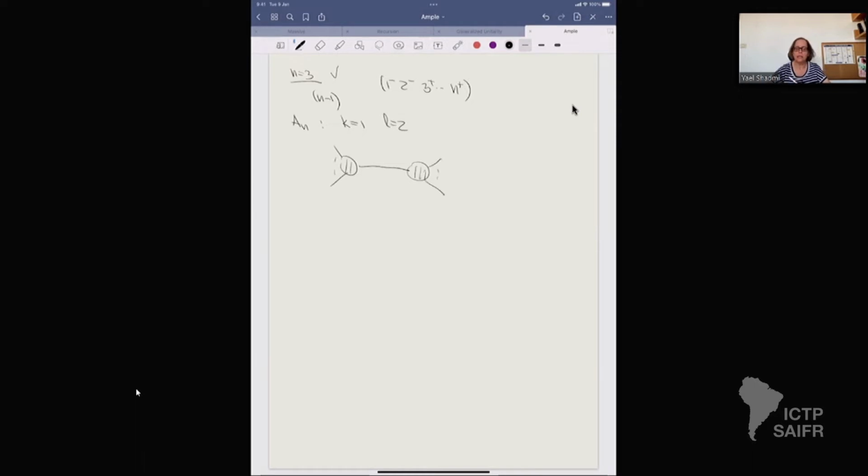And we need to look at poles in Z. Now, since we're shifting 1 and 2, and these momenta shift by opposite amounts, it means that we cannot put them both on the same side. If we put them both on the same side, then this P here is just not going to depend on Z. It is going to drop out. So we have to put them on different sides.